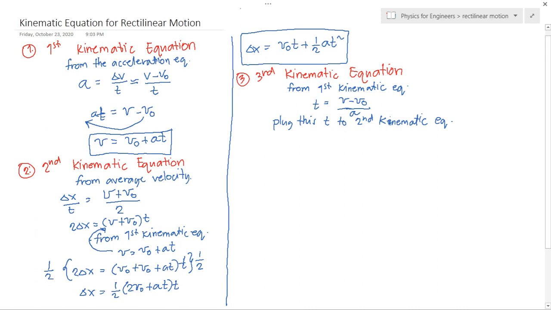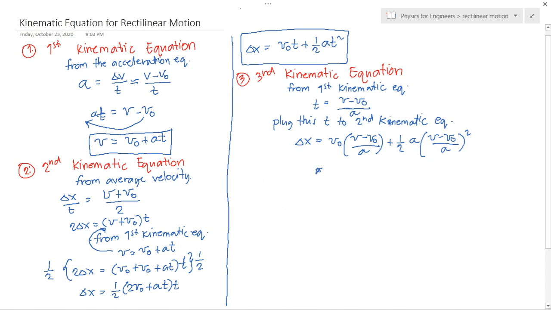So on the second kinematic equation, we have delta x is equals to v naught t. So yung t natin is v minus v naught over a, plus 1/2 a times v minus v naught all over a squared.